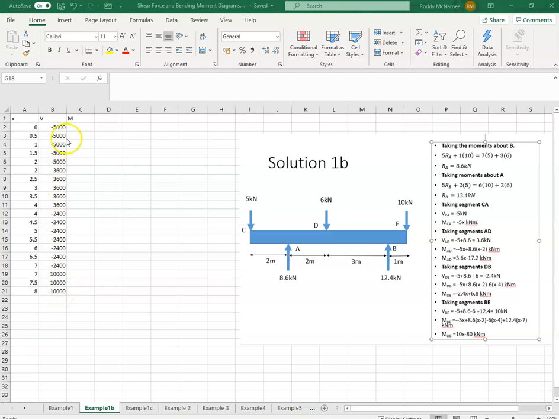the shear force column. For the bending moments, that's equal to minus 5,000 multiplied by x. I'm going to copy that down.